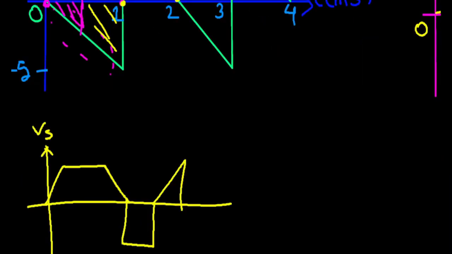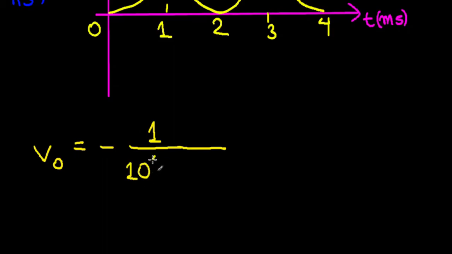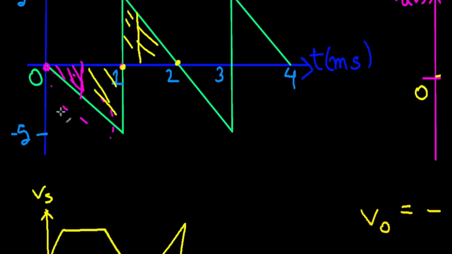So V output at 1 millisecond equals negative 1 by RC. R is 10 kiloohms, which I can write as 10 times 10 to the 3, or 10 to the 4, times 0.25 microfarad, that's C, your capacitance, 0.25 times 10 to the minus 6, times the integral from 0 to 1 millisecond of this part.